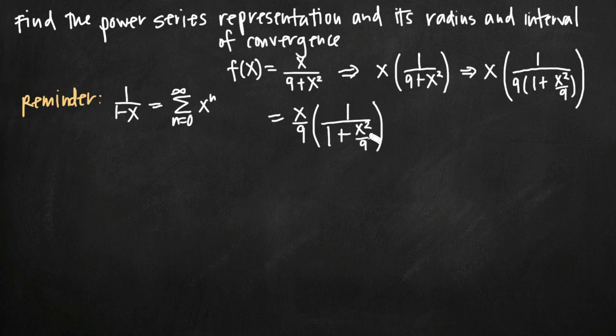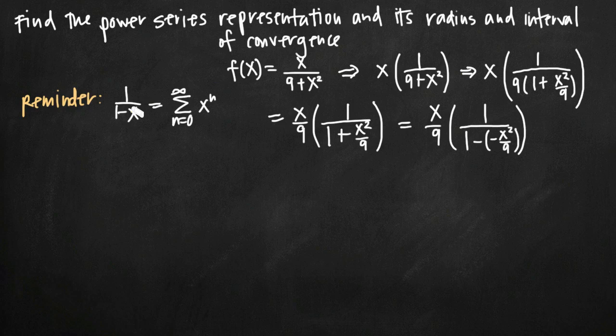So what we're going to do is, instead of this positive sign here, we're going to turn this into a double negative. We're going to say that this is equal to x over 9 times 1 divided by 1 minus, and now we're going to call this negative x squared over 9, like this. What that does for us is it has this negative sign here.